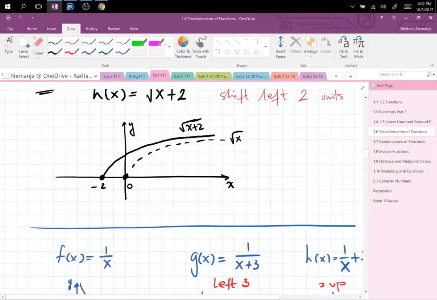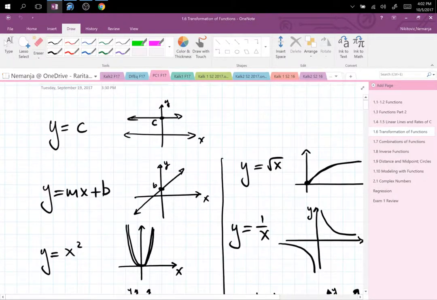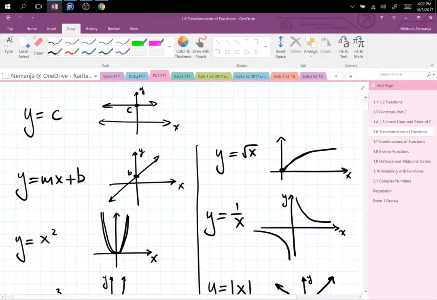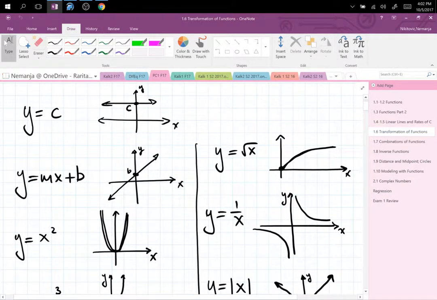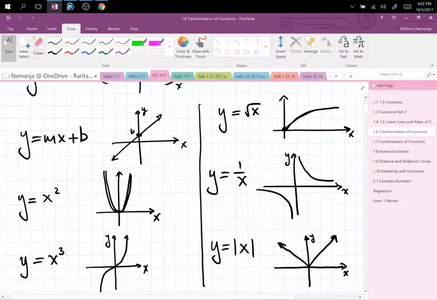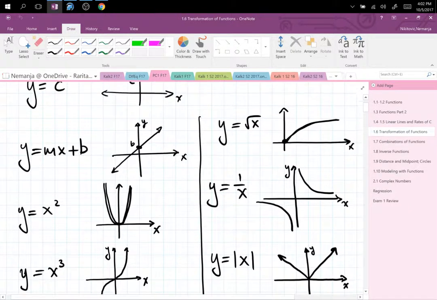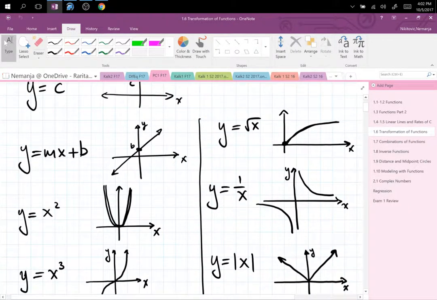When you open up your lecture notes from 1.6, all of these are uploaded to Lions Den. You have these basic graphs that you have to memorize, 7 of them for now. We are going to add another 2 in this class, and then another 6 or 12 in PreCalc 2, including ellipse and hyperbola, so it's actually 14.